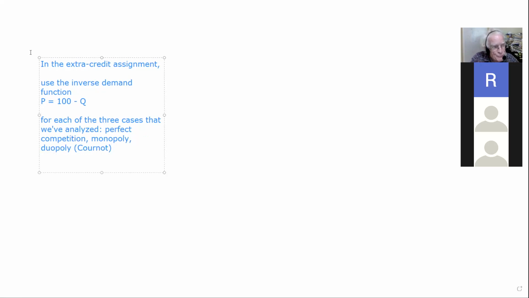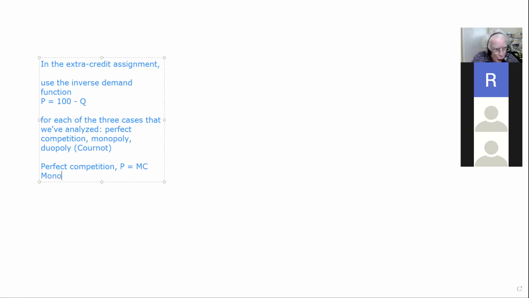So remember that in perfect competition, the price is equal to marginal cost since firms compete by undercutting the rivals in price.